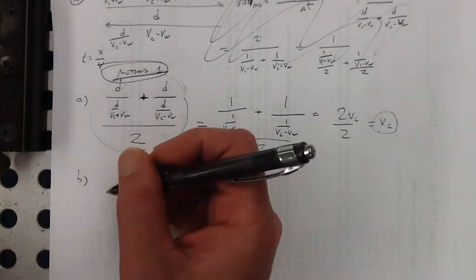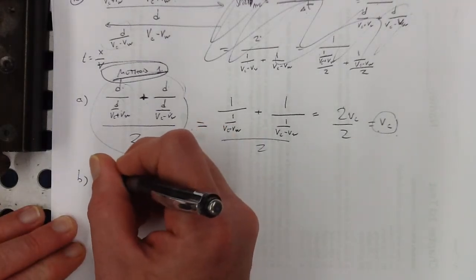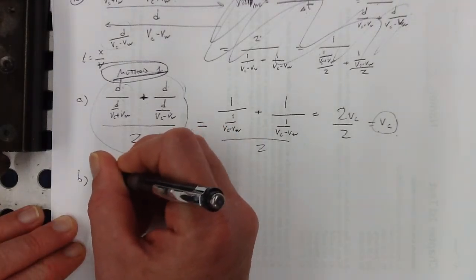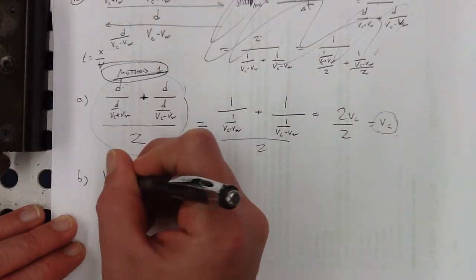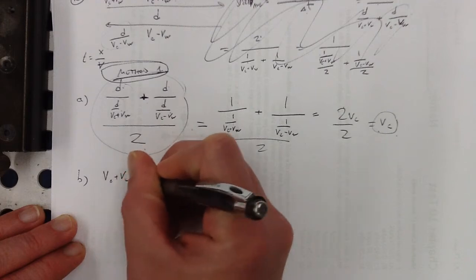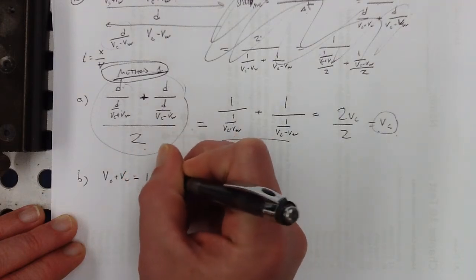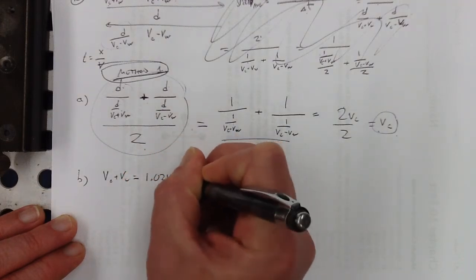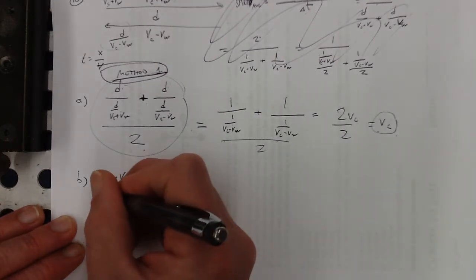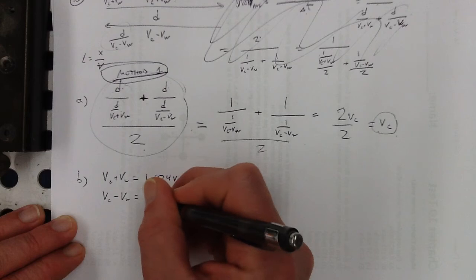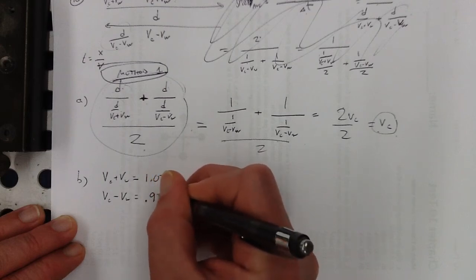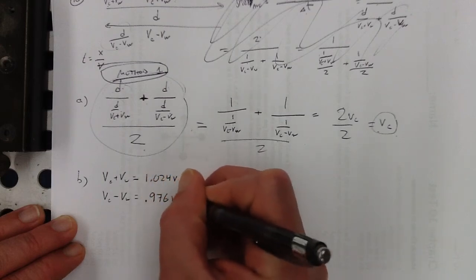So if VW is 0.0240 of VC, that means that VC plus VW is equal to 1.024 VC, and VC minus VW is going to be equal to 0.976 VC.